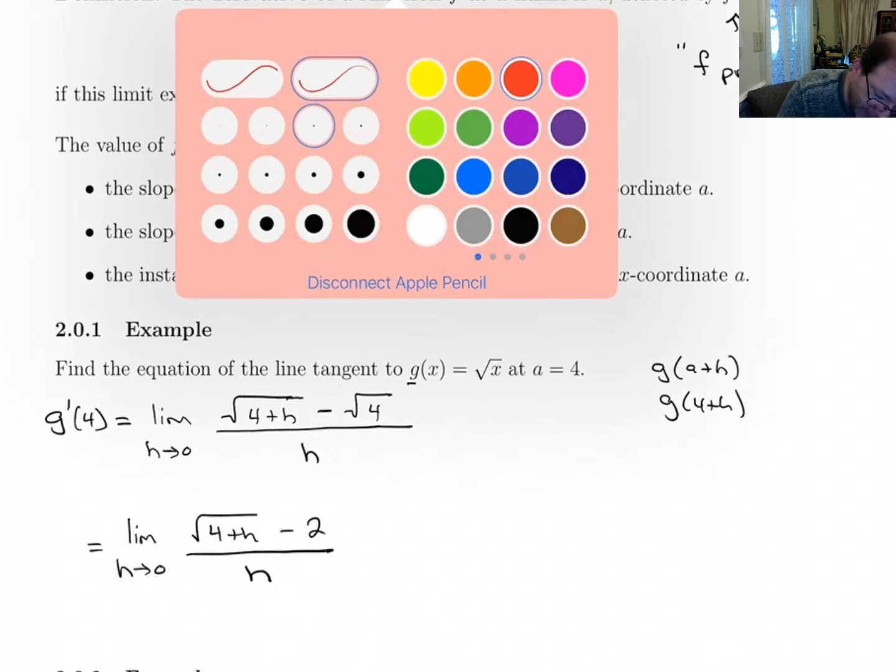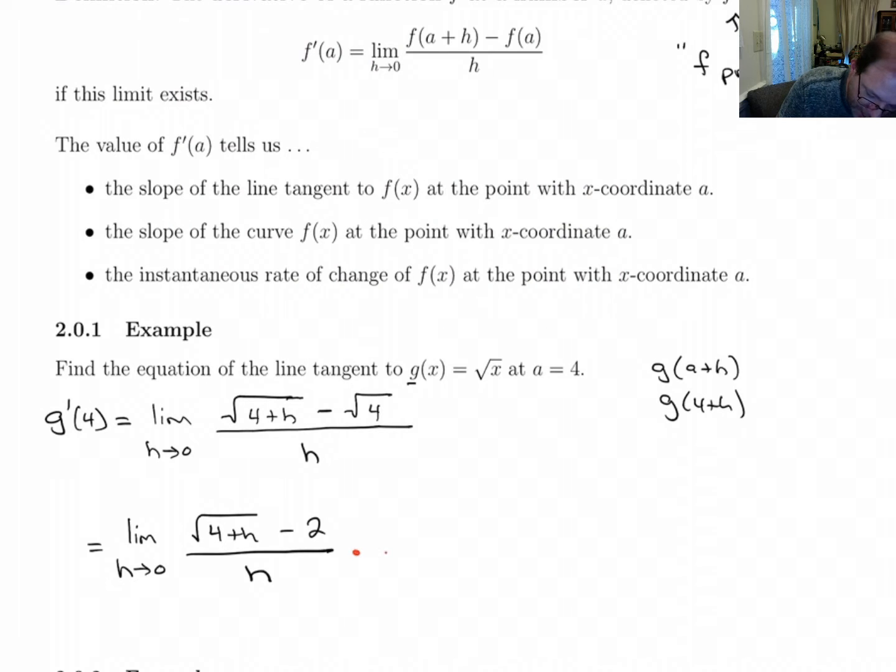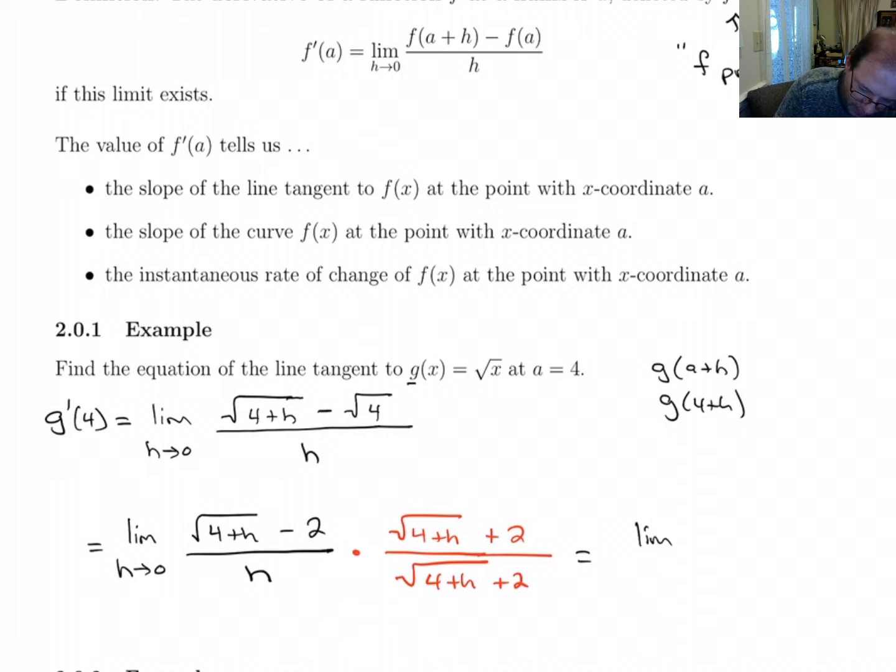I'm going to multiply the top and bottom by square root of 4 plus h plus 2. That way, when I multiply this out, I get the limit as h goes to 0.